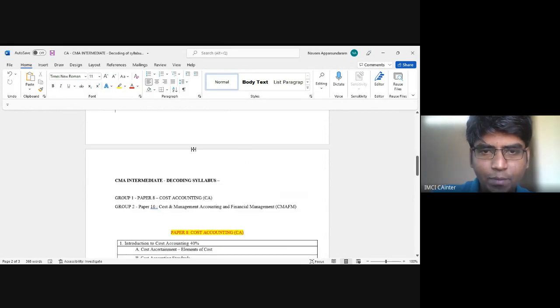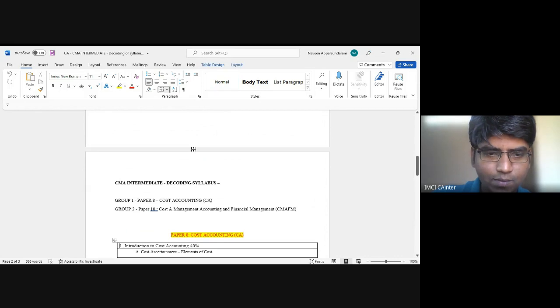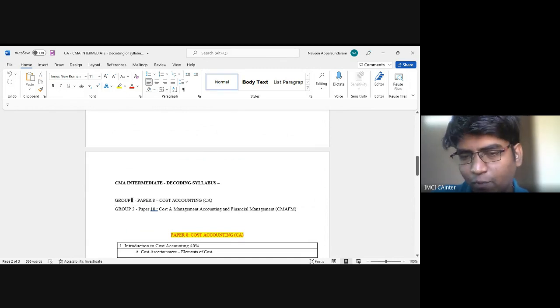For CMA intermediate, we have to cover two subjects. So my area is concerned, Paper number 8. So this is coming under group 1. See, why paper number 8? So this is a little bit challenging for the students to understand initially.